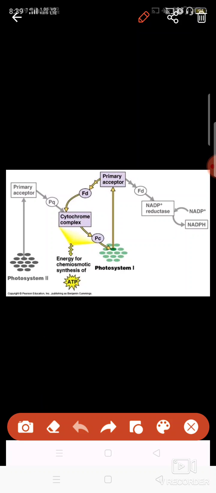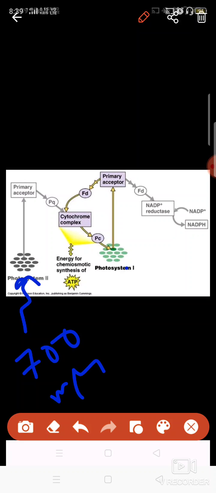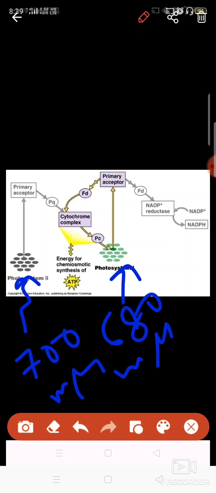Here you see, first of all, there are two photosystems, photosystem 1 and photosystem 2. Photosystem 1 takes the light of 700 millimicron, and photosystem 2 gets activated at 680 millimicron wavelength of the light.